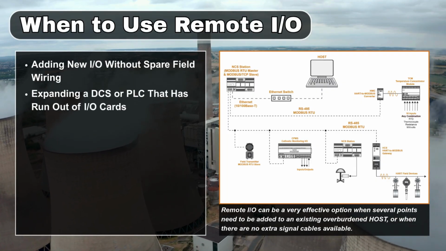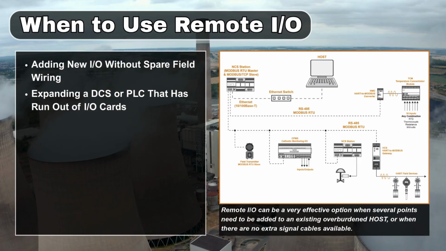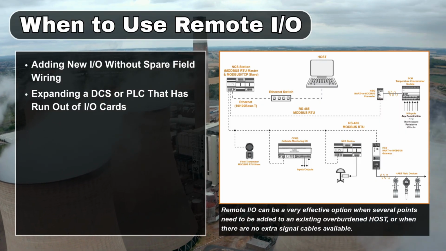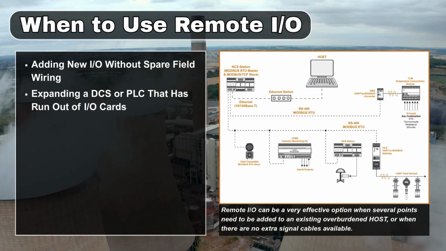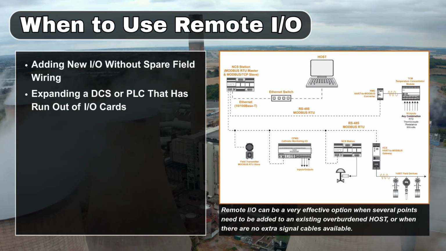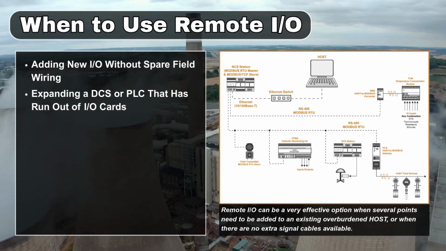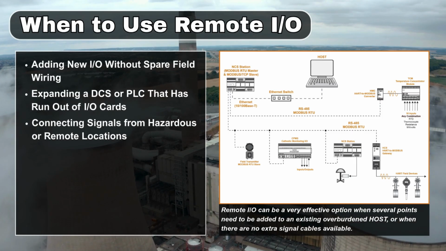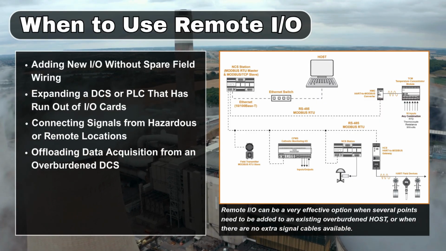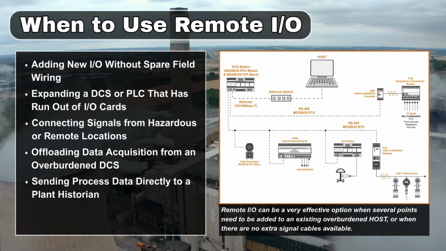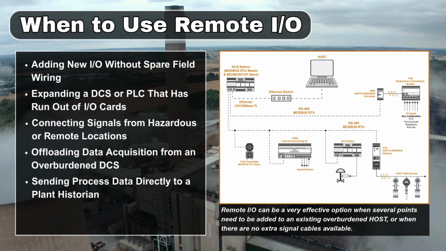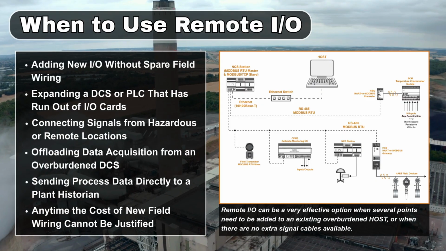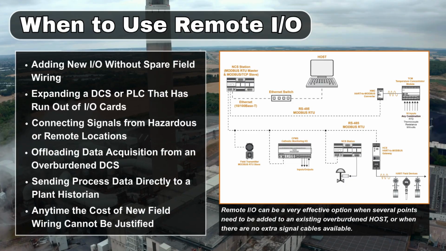When an older DCS or PLC has run out of available analog or temperature input cards, remote I/O can add new points through a digital communications port without requiring new hardware in the control room. Remote I/O is also the right choice when signals are in hazardous areas, when data acquisition points need to be sent directly to a plant historian without passing through an overburdened DCS, or when the cost of running new wire to a remote location cannot be justified.